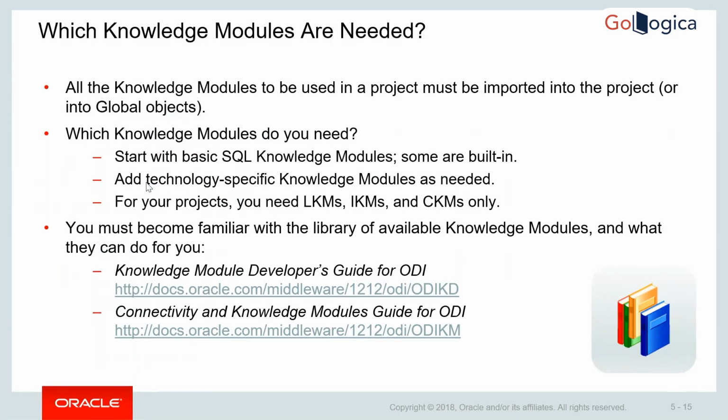Then afterwards, to fine-tune it and get the performance, we can go with the technology-specific one. If the technology-specific one is available, we can use it, and by that the performance can be increased. So initially we just go with the generic knowledge modules.